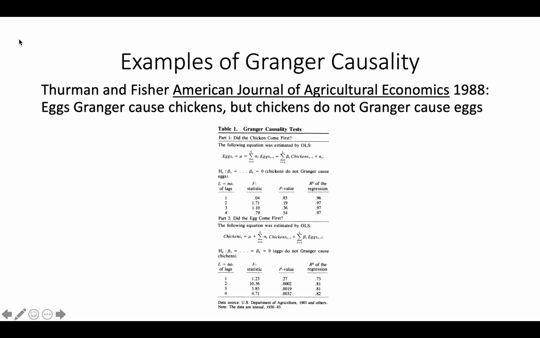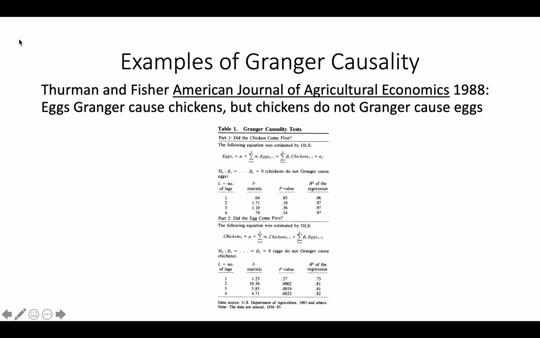They took chicken production as the dependent variable, and then as the independent variables, the previous year's value for chicken production, the lag dependent variable, and then previous year's egg production. And they reversed that, and as the dependent variable used egg production in the current year, and independent variables, egg production in the previous year and chicken production in the previous year.